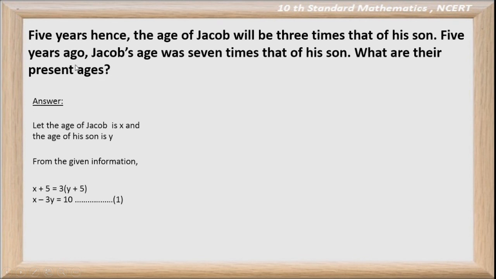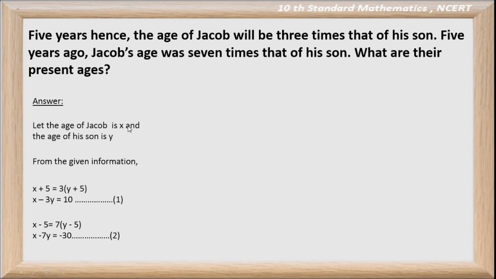The second one: 5 years ago, Jacob's age was 7 times that of his son. 5 years ago means Jacob's age is x minus 5 and the son's age is y minus 5.